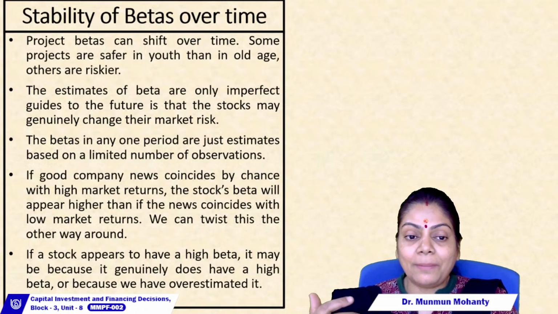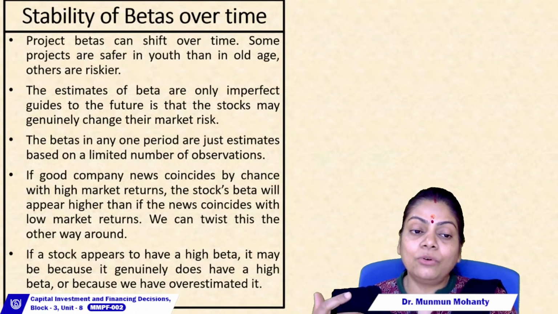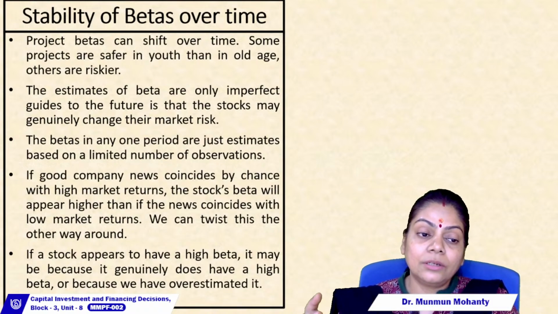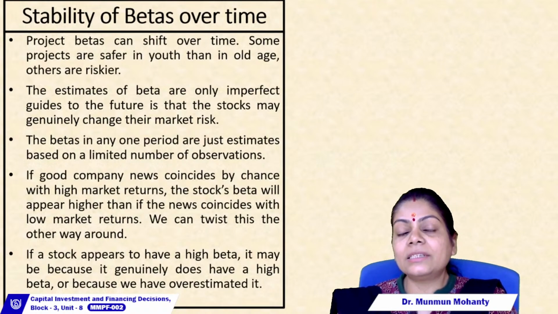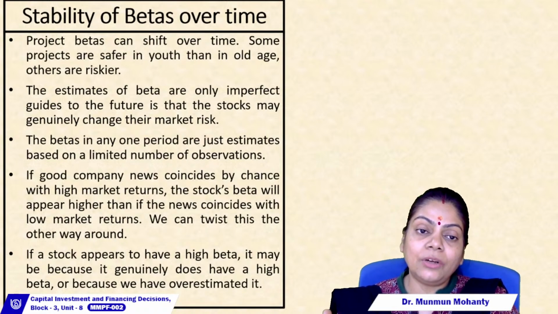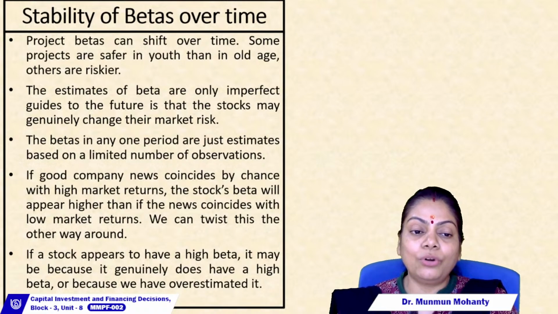Many times, good news about a company coincides with a high market return. For example, the market has made a huge jump due to some reasons, and on the same day a company, ABC company suppose, has good news.